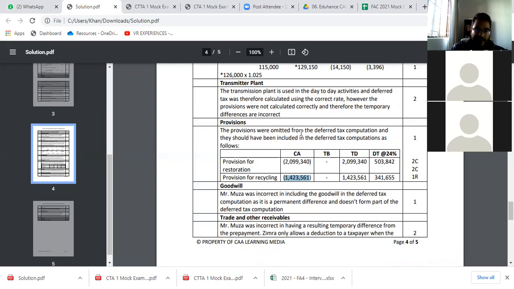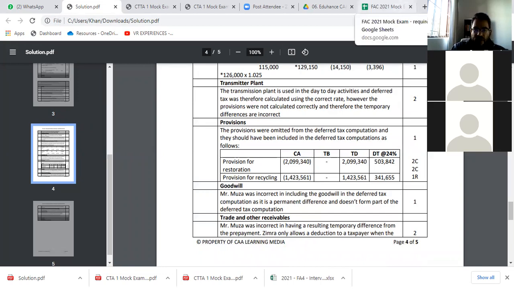So that is something you have to ask your lecturer: how come we are only bringing in the difference? Where is the other part? Because if you're using a balance sheet approach, you need to bring in the balance as at 31 December 2019. The balance as at 31 December 2019 is the column where I have new. Okay, so I can't go further than that. I can't explain further than that.